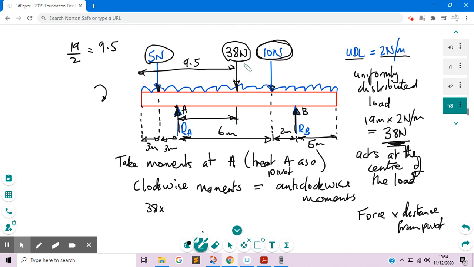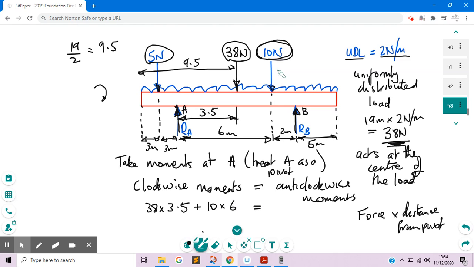Well, if the 38 acts at 9.5 from the end, but then RA is actually 3 plus 3 is 6 from the end, that means this distance must be 3.5. So we've got to times that by 3.5, and the other clockwise moment is supplied by this 10 Newton force, and we can see that's 6 metres away from the pivot. So that's 10 times 6.